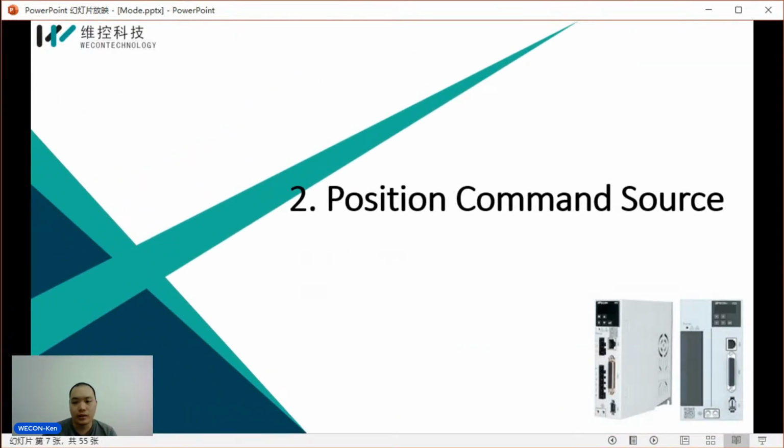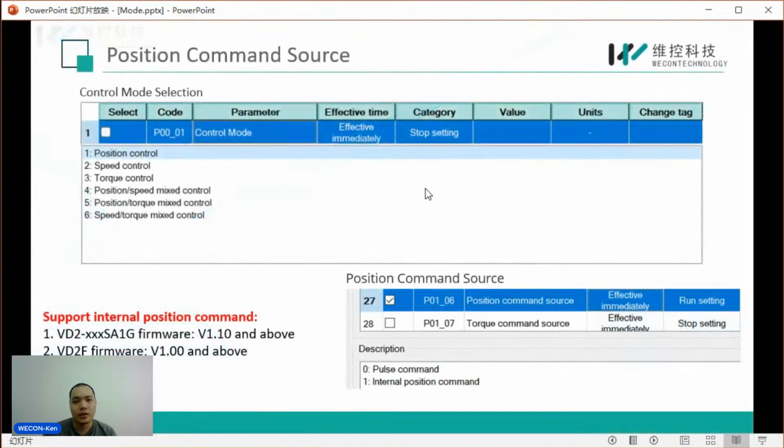Second part is position command source. The parameter P0-01 is used to set the control mode.